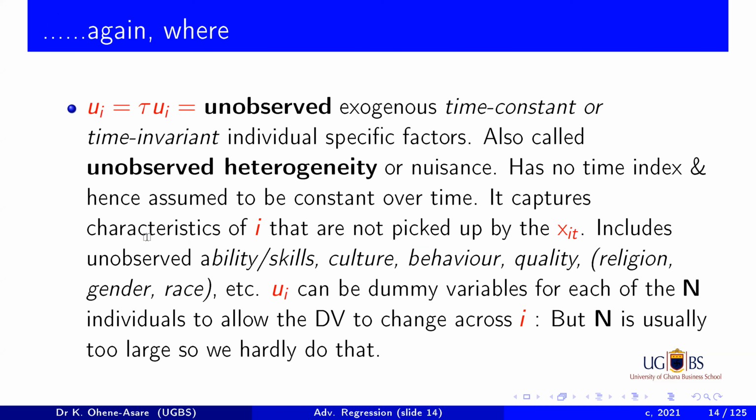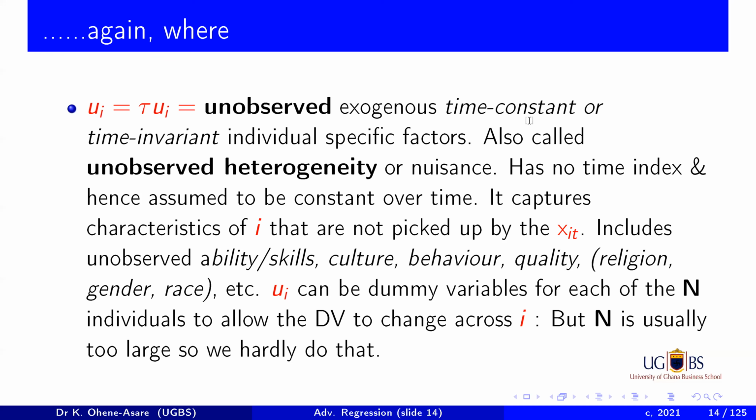It has no time index. If you look at it, it has only the individual index i. It captures the characteristics of the i that are not picked up at all. A person can have a special ability or skills that can make that person perform better than another person. That is what is known as unobserved heterogeneity.